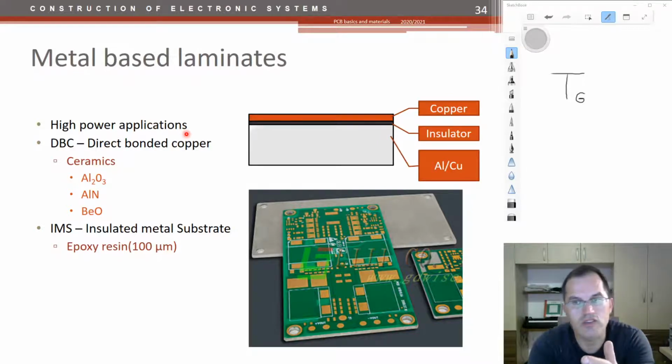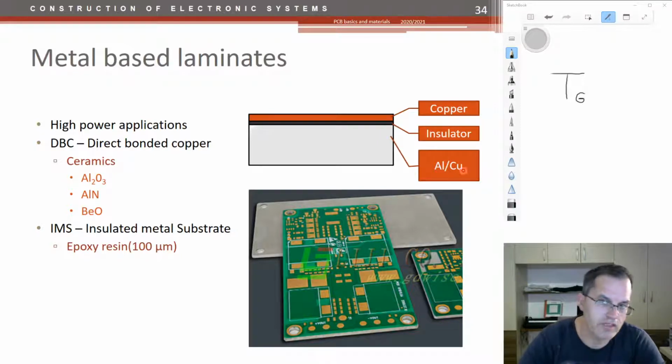And there you can choose between 2 groups of materials. One is based on aluminum and the other is based on copper. The copper is of course expensive, but it has better thermal conductivity. But there is a dilemma here. I told you before that the base core material should be an isolator, but here the metal laminate is actually a good conductor.